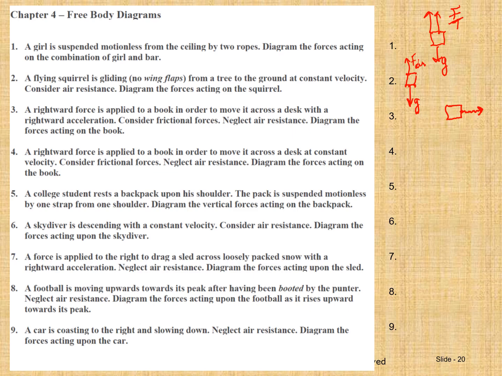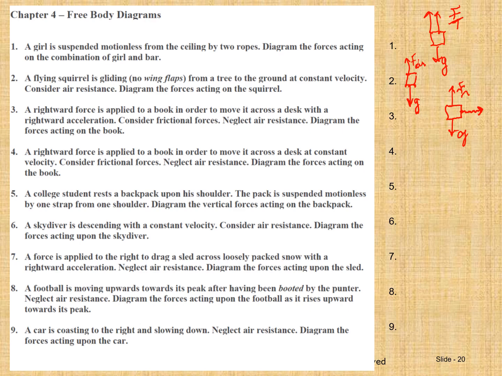So you know already that there's going to be a normal force in the upward direction, and opposite to that normal force is gravity. But we're missing one more force. What is that?